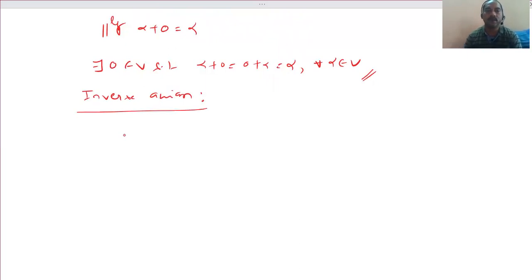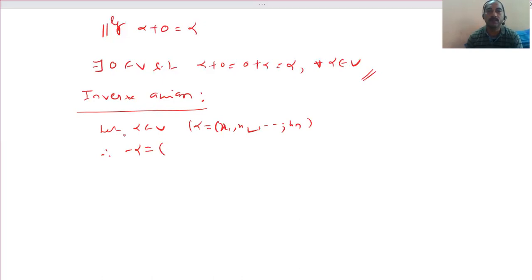Inverse means alpha is said to be inverse of beta if their sum equal to identity. Identity here, the identity value is O. O is the n tuple of zeros. So let alpha belongs to V. Therefore, minus alpha, where alpha equal to the n tuple x1, x2, and so on, xn.